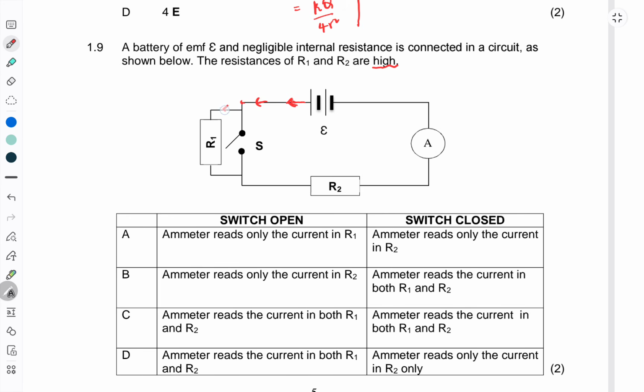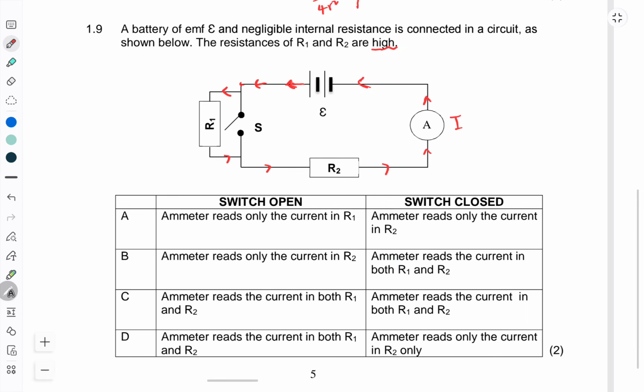So the current will come to this resistor R1, go to R2, and so the ammeter will be measuring the current that had to pass through resistors R1 and R2. So this ammeter measures our total current when the switch is open.